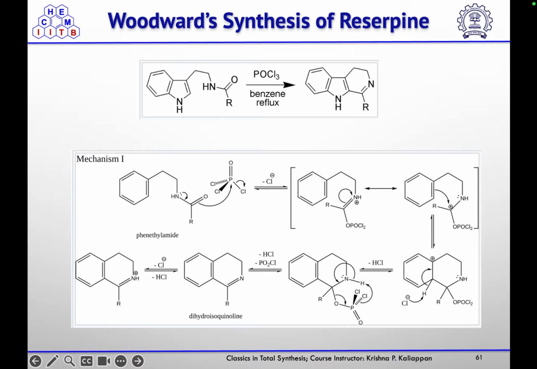Aromaticity will be regained by abstraction of a proton by the chloride, and then rearrangement will happen, and after the loss of HCl you will get the corresponding dihydroisoquinoline. So that is how the cyclization will happen in the presence of POCl3.